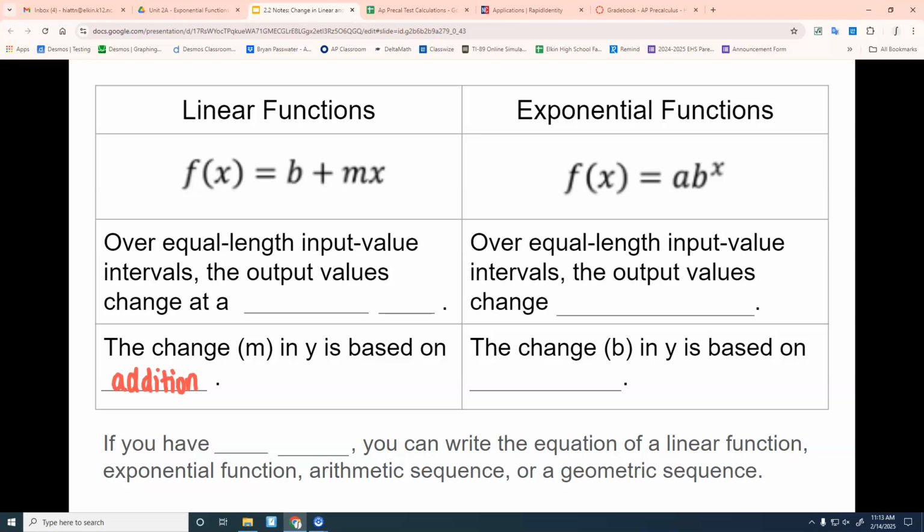All right. Now, over equal length input value intervals, the output values change blank right here. So if I'm looking at exponential, think about a table for this. Like an x, y: I got 0 is 1, I got 1 is 3, I got 2 is 9, I got 3 is 27.